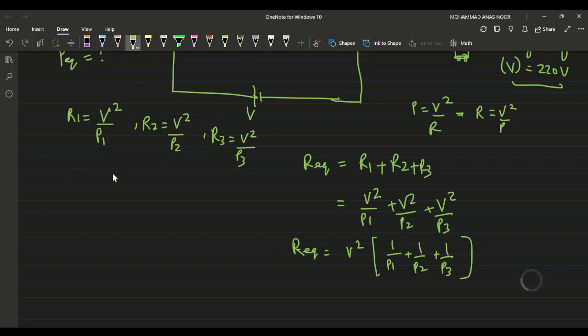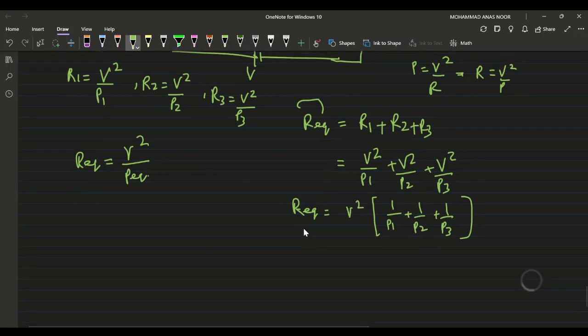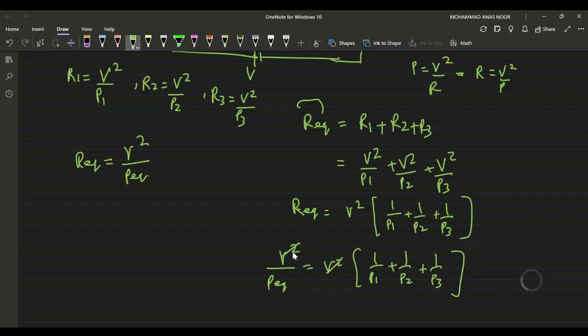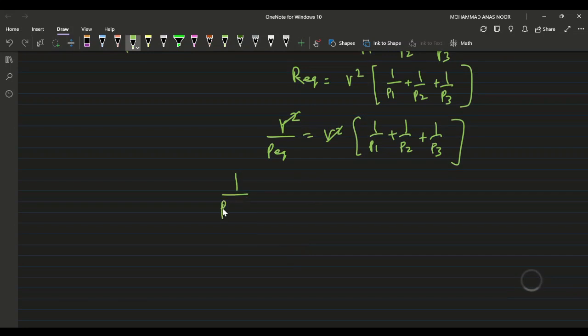And what would R equivalent be? R equivalent would be V square upon power equivalent. So let's replace R equivalent with V square upon P equivalent, which is equal to V square times 1 by P1 plus 1 by P2 plus 1 by P3. V square cancels out. What you get is 1 by P equivalent is equal to 1 by P1 plus 1 by P2 plus 1 by P3.